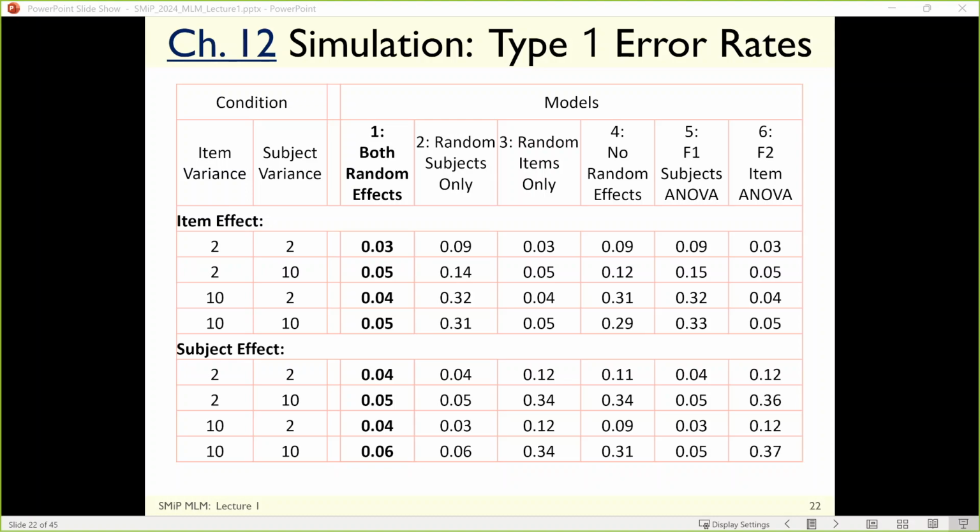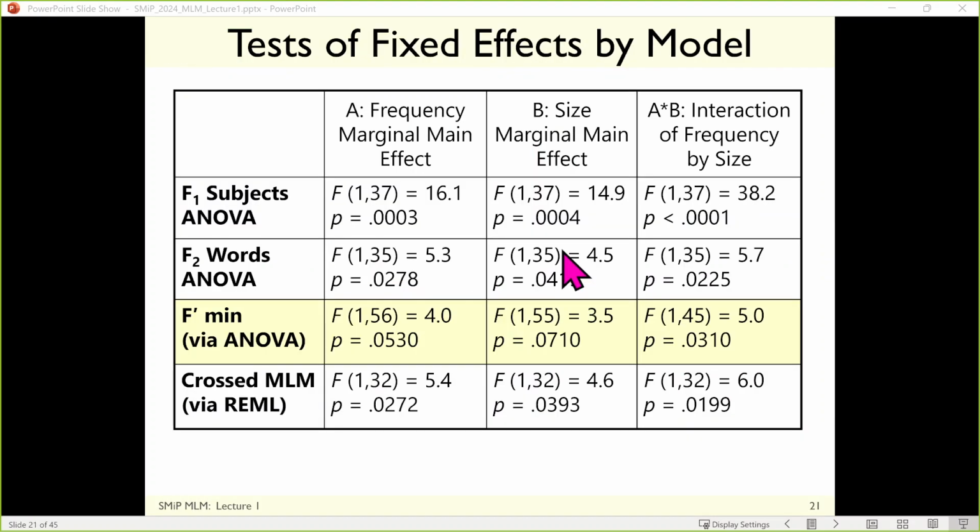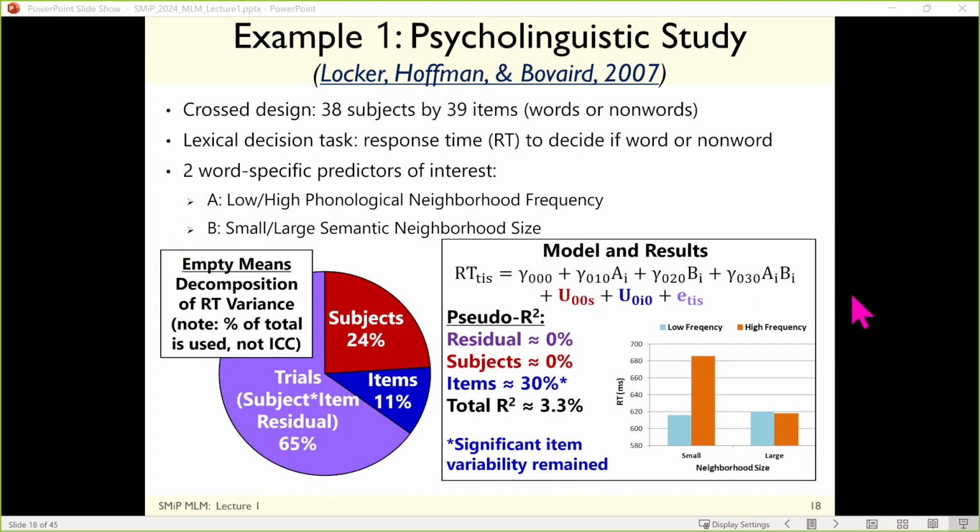Yeah, actually it's on the slide before with the variance proportions. This one? Yes, this one. Okay. It says, note, this is a percentage of total variance and not the ICC. Mm-hmm.